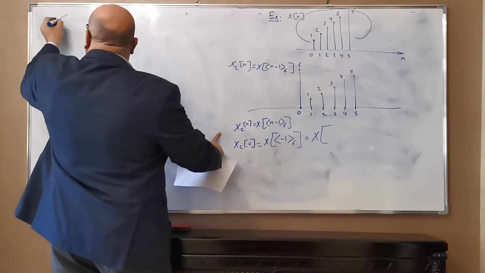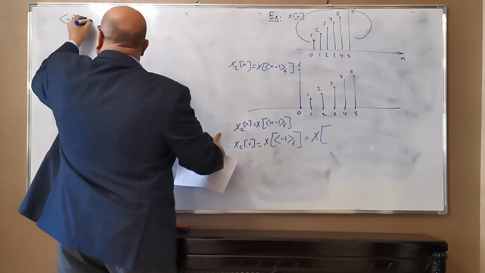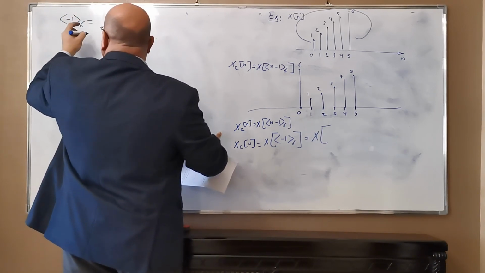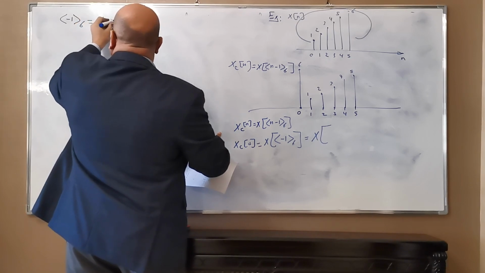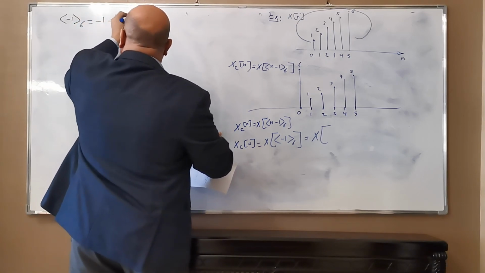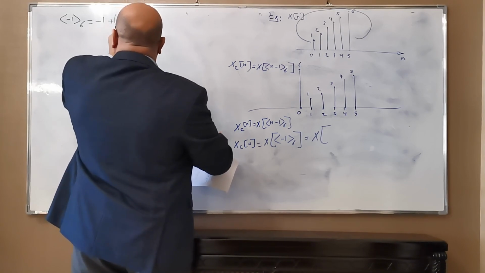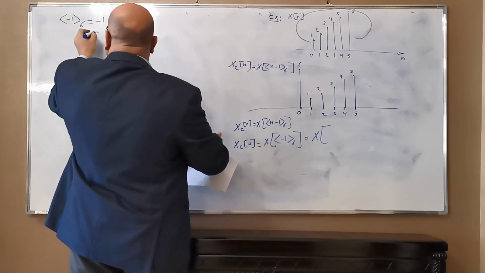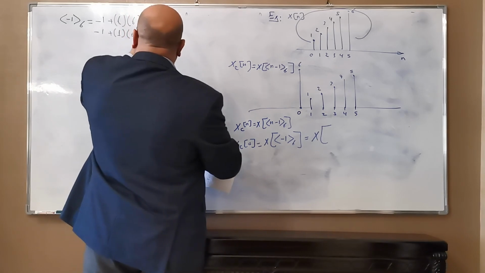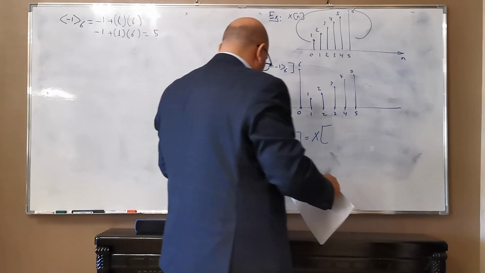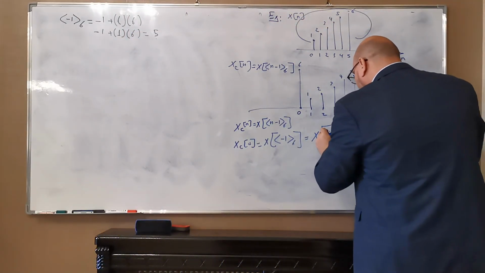So you have minus 1 modulo 6. This is equal to how much? Minus 1 plus L times 6. So with L equal to 1, it is minus 1 plus 6, and it's equal to 5. So this one will be x of 5.